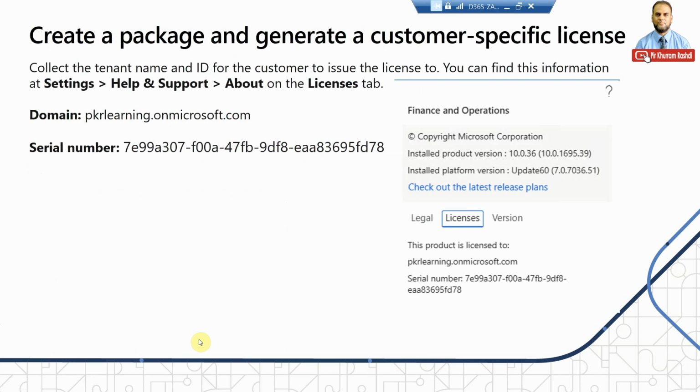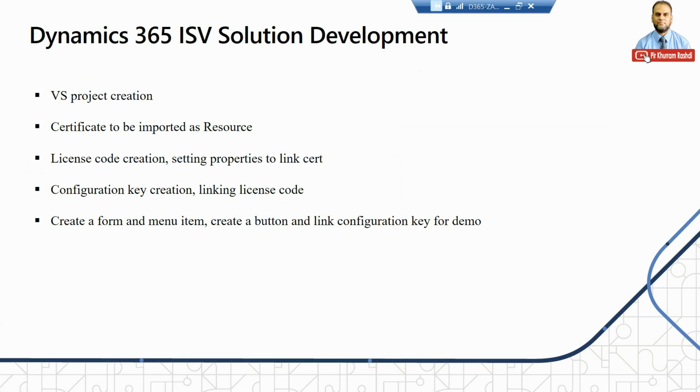First, we created the self-signed certificate in development, otherwise you need to issue it from some certificate authority. Then you need to create the project, and the certificate needs to be imported as a resource, then linked to the license code we have created and linked to the certificate, that is the resource. Then the configuration key was created, in which we linked the license code in the properties, and then various objects or menus were created where we set the property as per our configuration key.